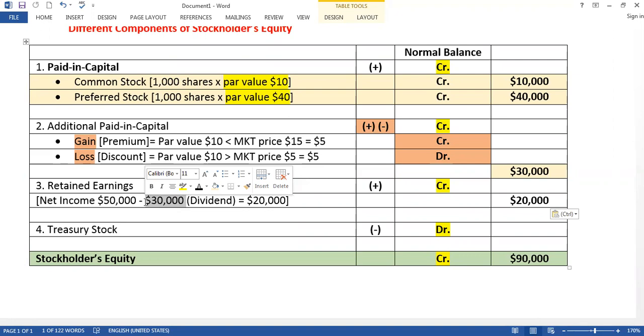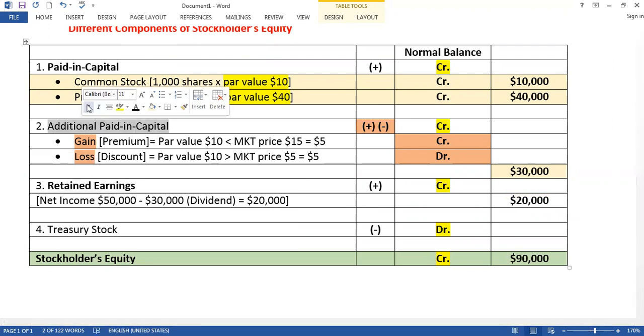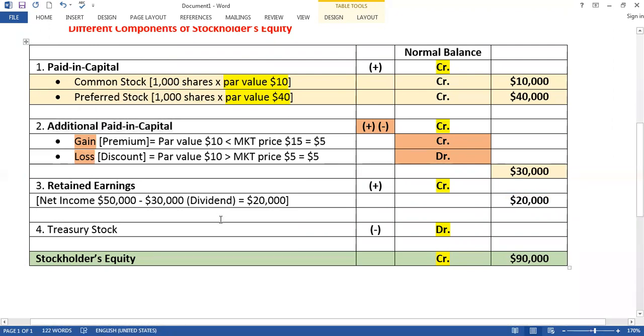Can you remember the formula? Net income minus preferred dividend, remaining money goes to the common shareholder. Anyway, this is the meaning of retained earnings, and this is the meaning of additional paid-in capital. So additional paid-in capital is your gain or loss account, right?